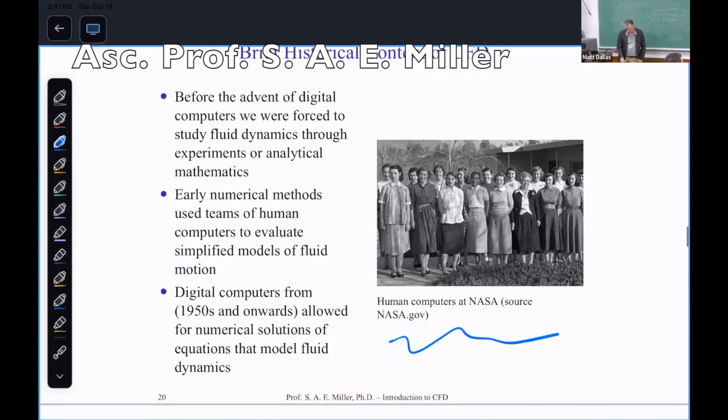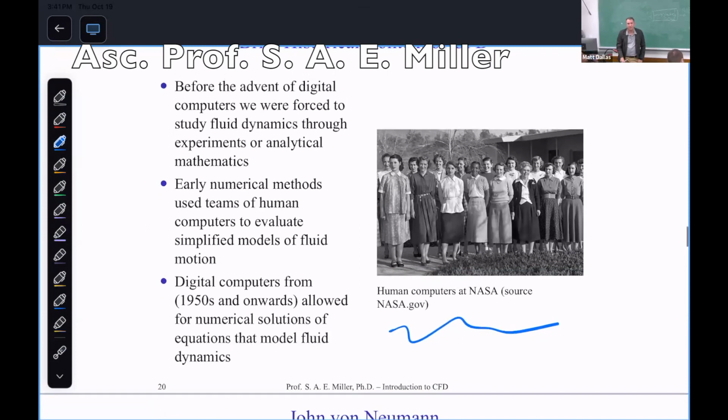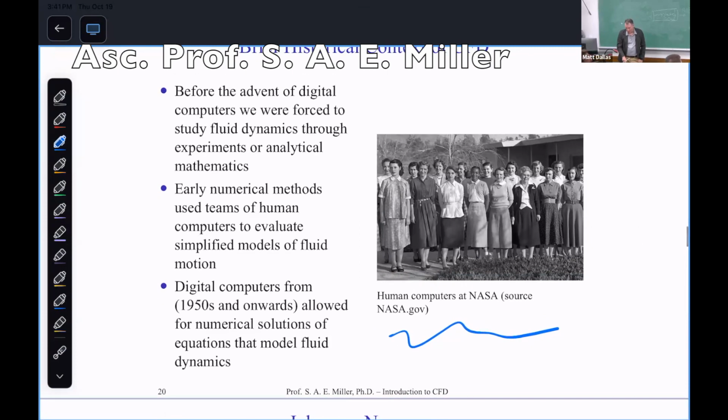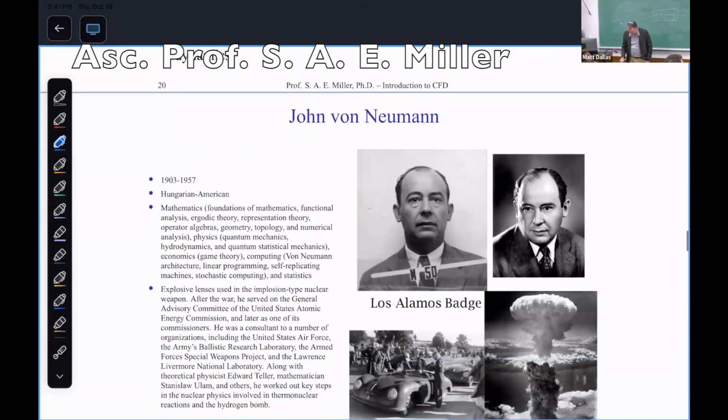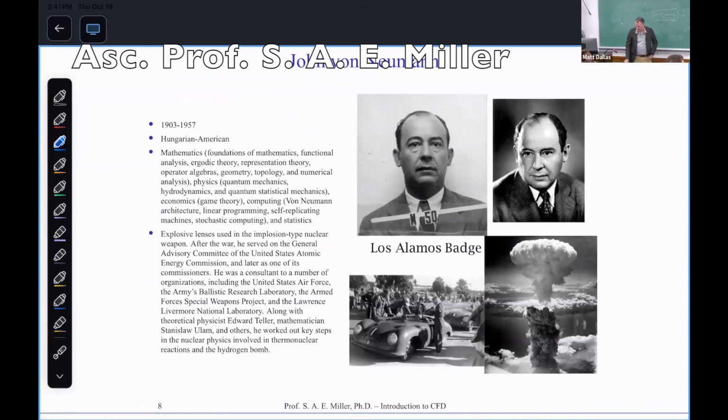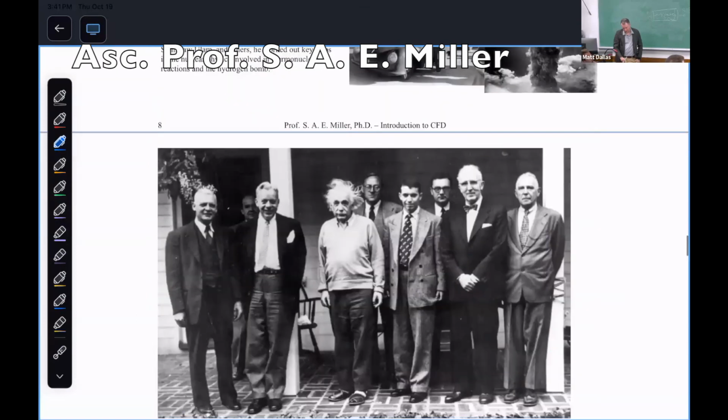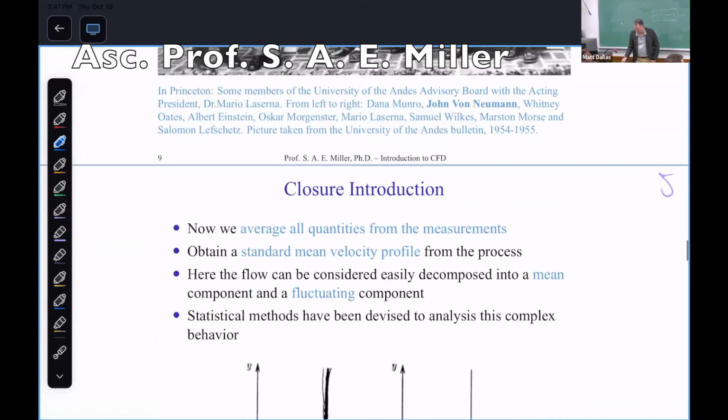If you saw the movie Hidden Figures, this is the woman who starred in it. I mean, that was actually her. And that was a sought after job. And in the 50s, people like von Neumann and others, with Einstein at the Institute for Advanced Study, drove computer technology to simulate nuclear weapons and high-speed aerodynamics.